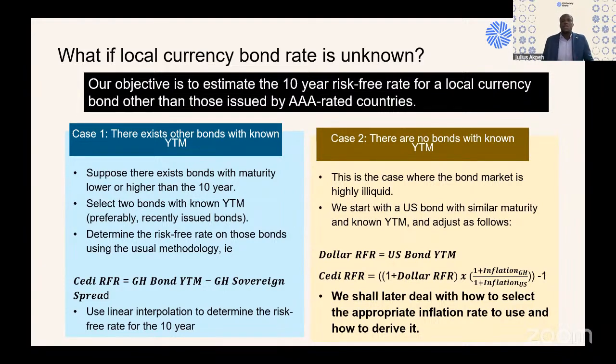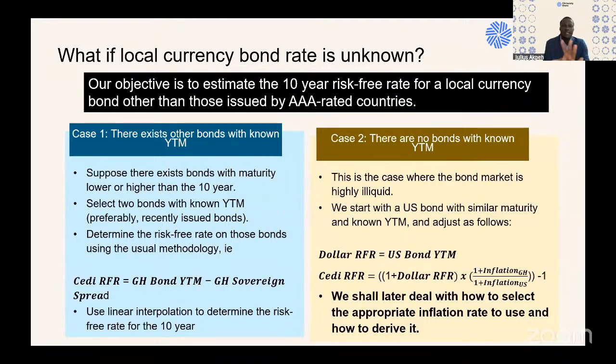In other words, we want to estimate the yield or the risk-free rate for a government of Ghana instrument, or the risk-free rate applicable to Ghana. Think about how we spend this long period just talking about the risk-free rate. It's supposed to have been something very easy to estimate, but think about the time we are spending digesting this.